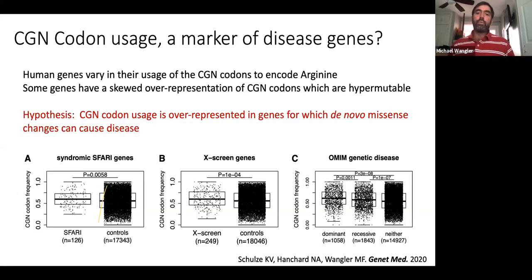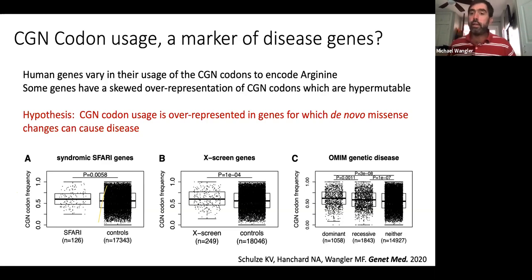The reason it's called X-screen is that it related to a set of Drosophila genes that we had identified in a neurological screen, but that set of human homologs, it turned out, were quite strongly related to single gene disorders. So we had an enriched subset of human single gene disorder genes that we had studied in Drosophila. So a biased subset in panel B.